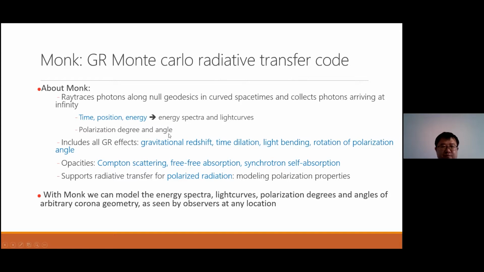It includes all GR effects: the redshift, time dilation, light bending, and rotation of the polarization angle. And for opacities, there are Compton scattering, free-free absorption, and synchrotron self-absorption as well. And in particular, it supports polarized calculation. So it means we can model the polarization.